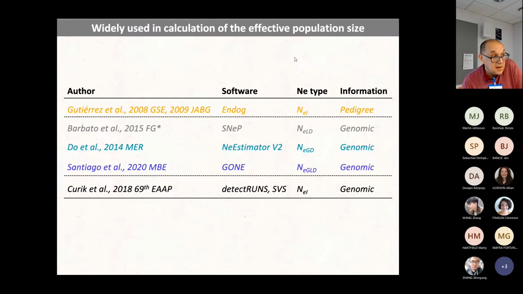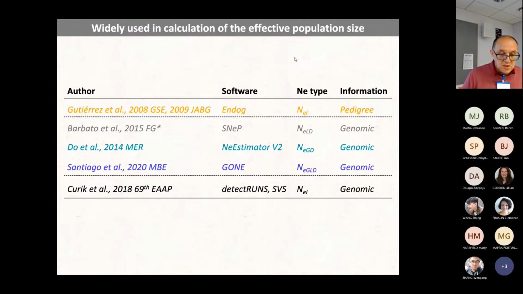And then very recently, very good software appeared, made by first author Santiago and collaborators, called GONE. Within this you have combined gametic disequilibrium but also linkage disequilibrium effective population size.